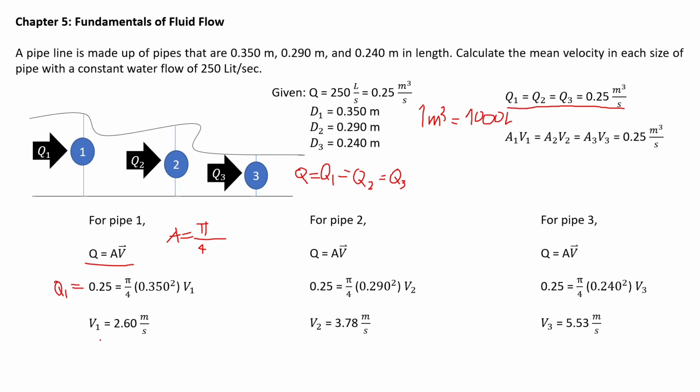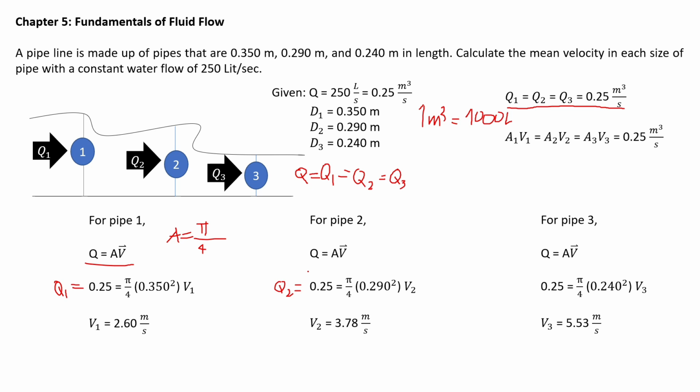So now we will proceed to our pipe 2. Q2 is also equal to 0.25. So 0.25 is equal to pi over 4 times the diameter of our pipe 2, which is 0.290 squared, times the velocity. So there is no difference in the flow, right?